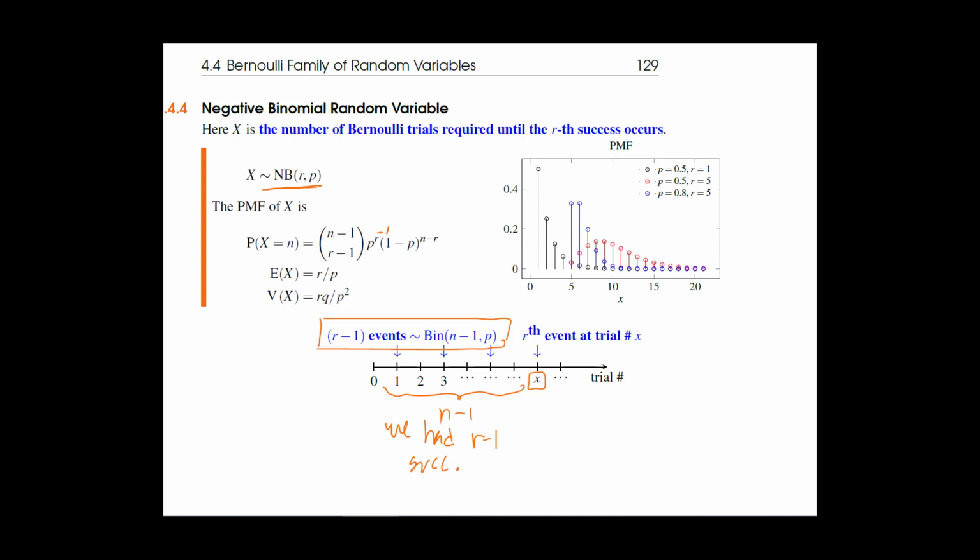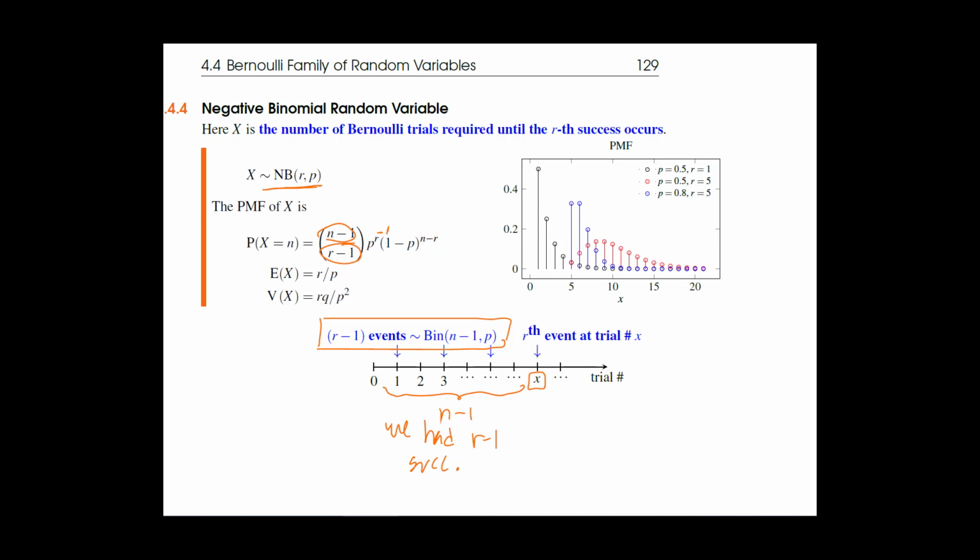Go back to the PMF of a binomial, and you would see that it's r-1 here, and then this should be n-1. I'm talking about this element right here. That's n-1 minus r-1 if you apply the binomial PMF formula. But that simplifies to n minus r.